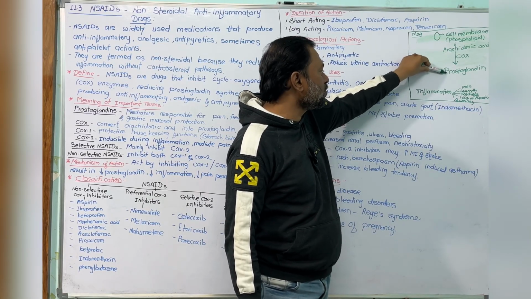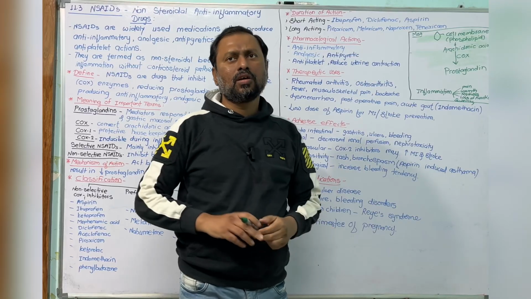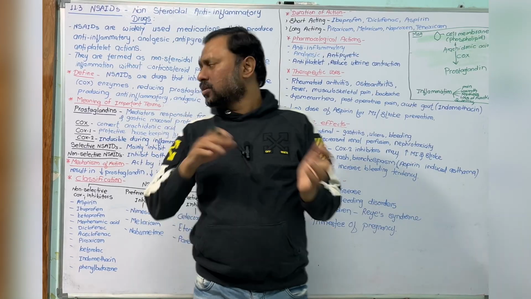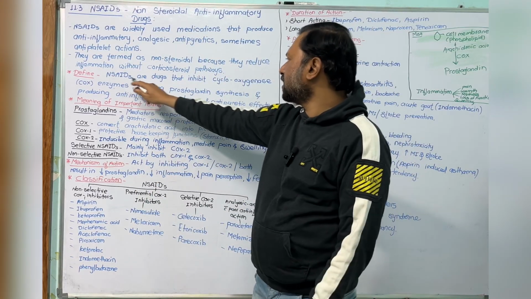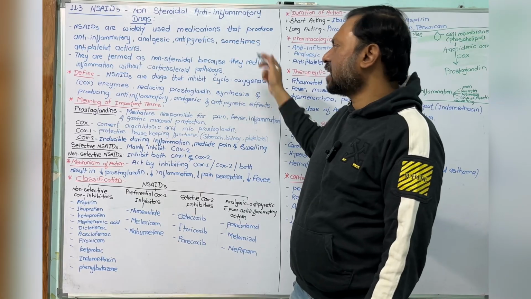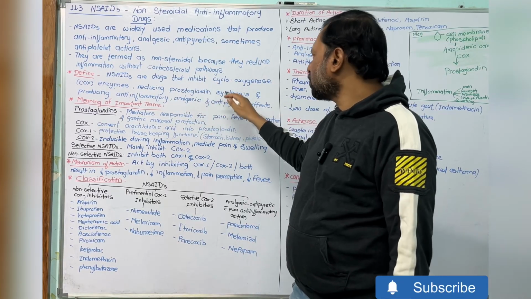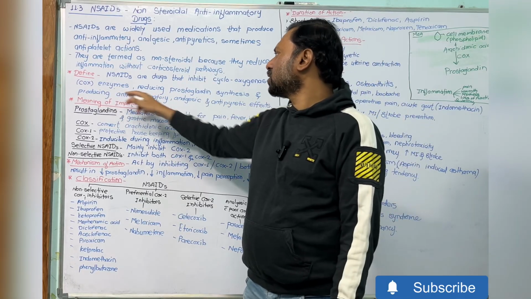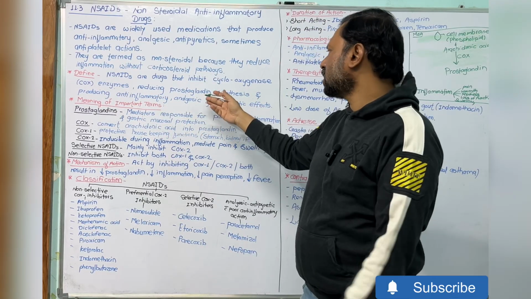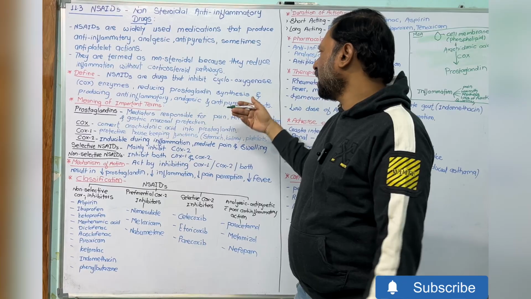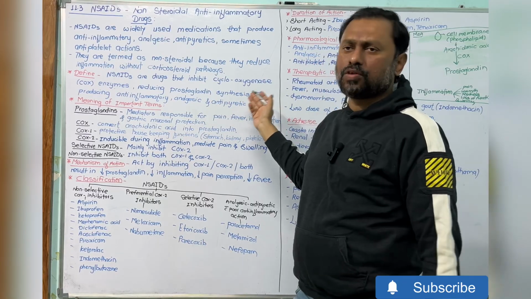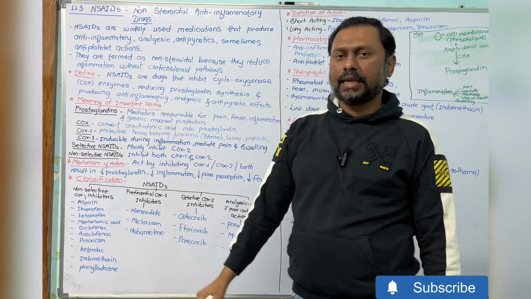If prostaglandin is not produced, the inflammation is not there. That's why NSAIDs inhibit cyclooxygenase enzymes and reduce prostaglandin synthesis, producing anti-inflammatory actions and analgesic effects, like reducing pain and fever also. This is about the NSAIDs.